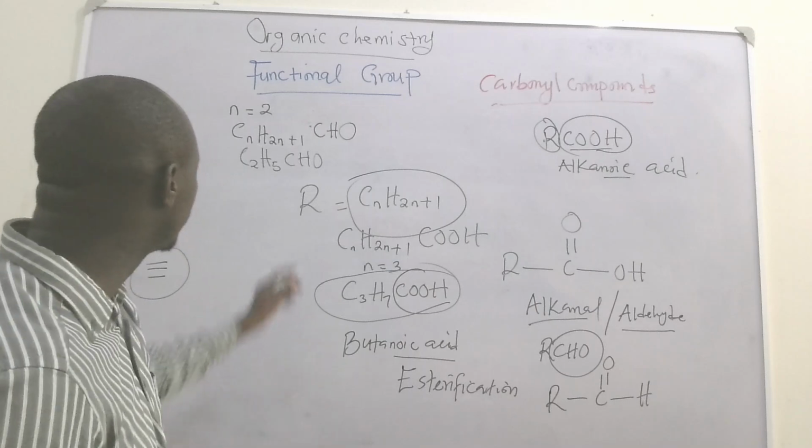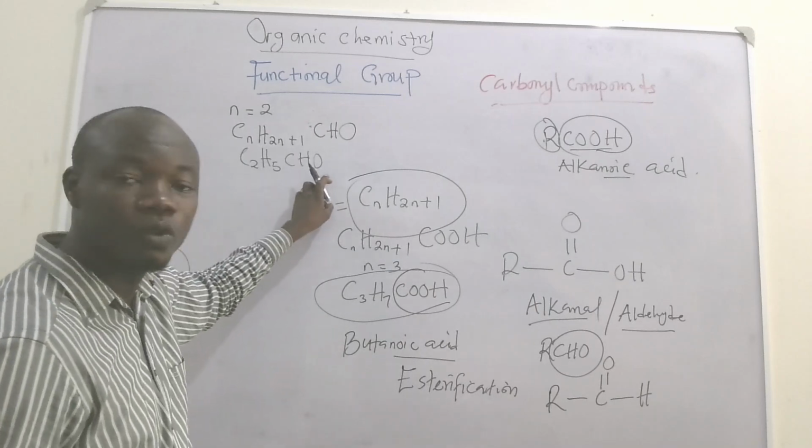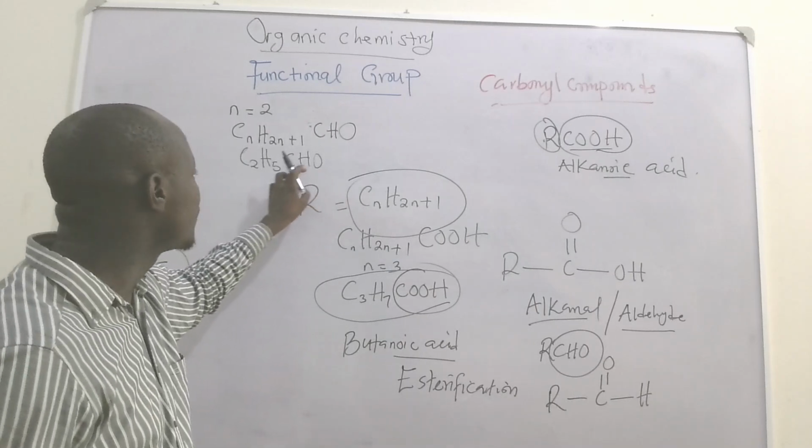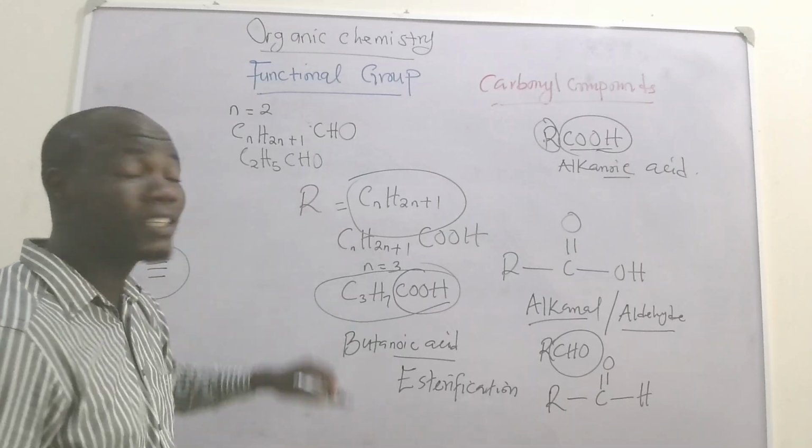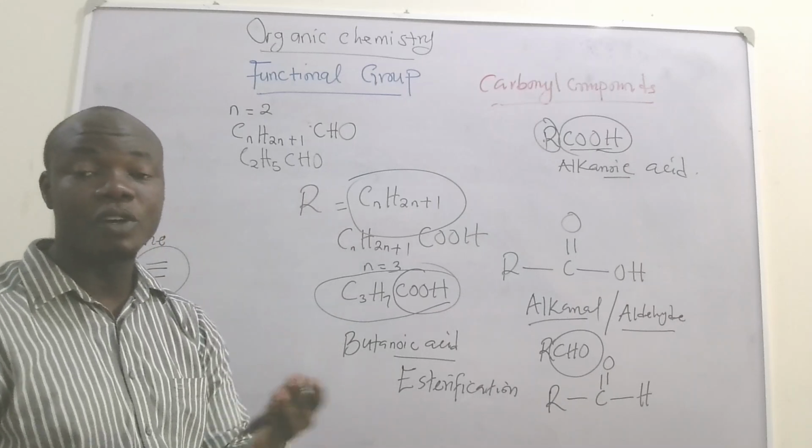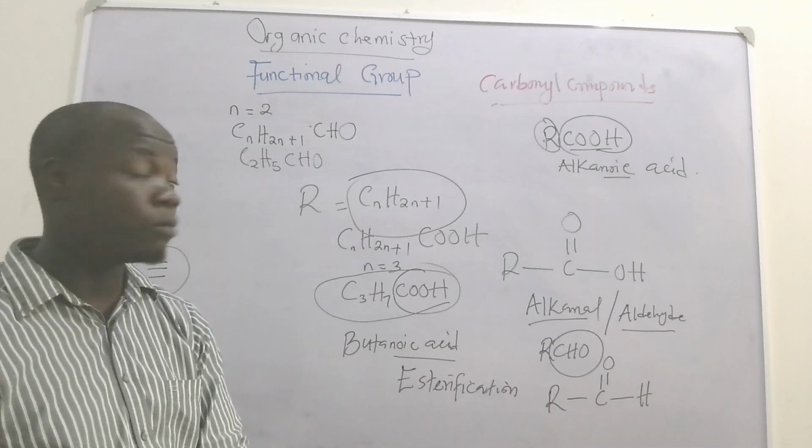Because of the presence of this CHO, this is an alkanal, so the name is going to end as propanal because we have 3 carbons.